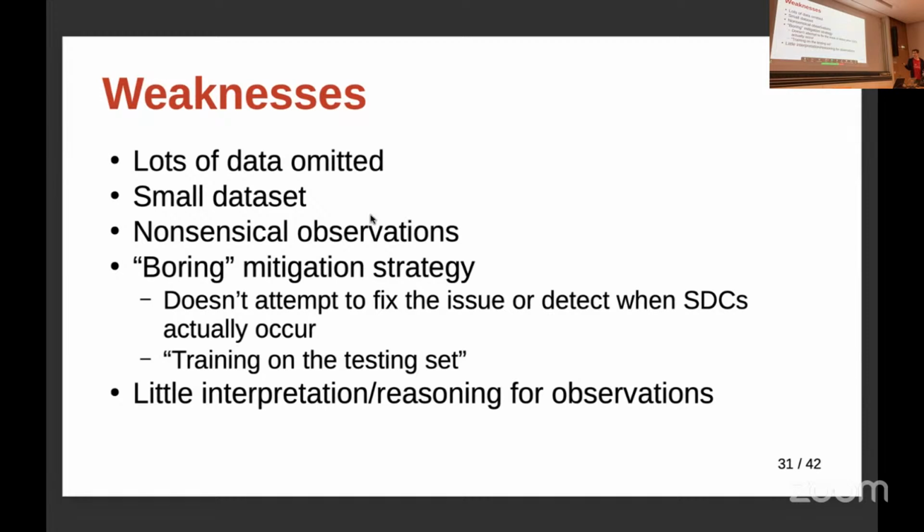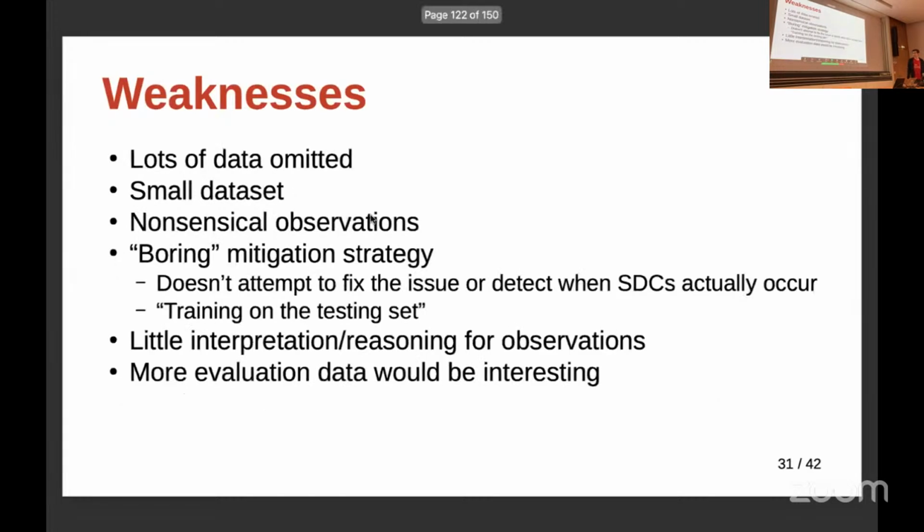For instance, in the case with the temperature control, they assume that the SDCs are correlated with temperatures, but they make no attempt to correlate the occurrence rate of SDCs with any other metric, such as frequency or voltage, which might have been interesting to compare as well.